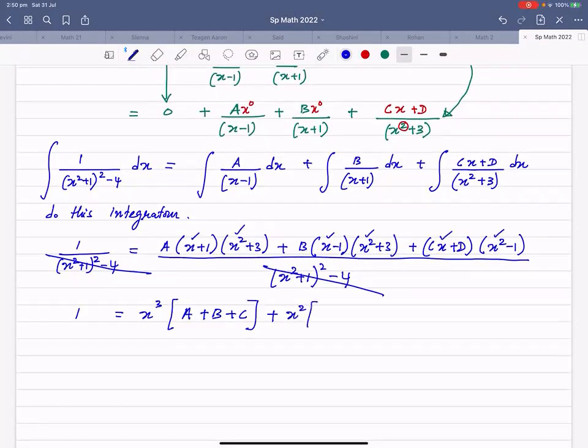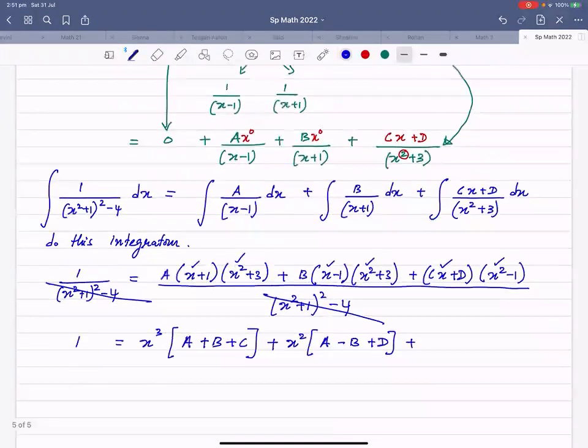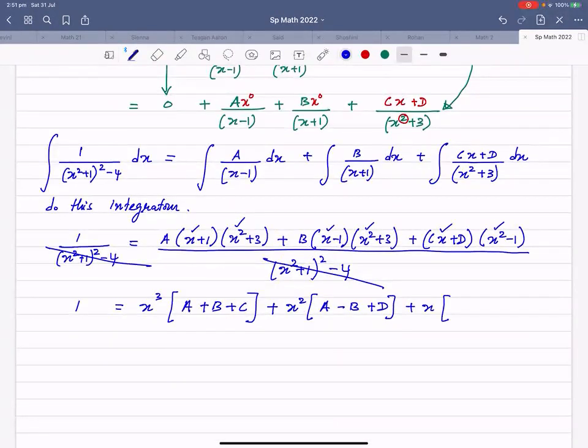So x squared coefficients would be, okay, let me see, a. So I'm going to do it. Here we get minus b. Here we get plus d. Okay. So correct me if I. So x would be 3a. Hold on.